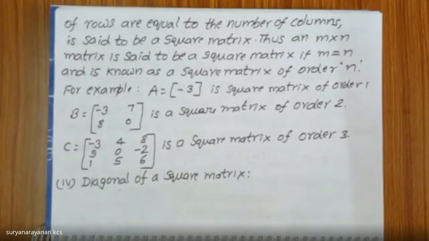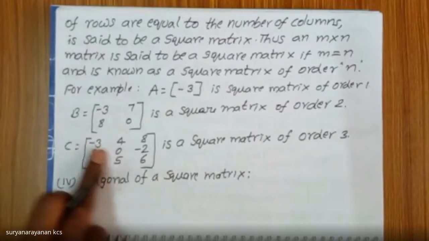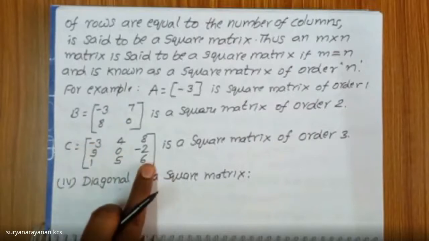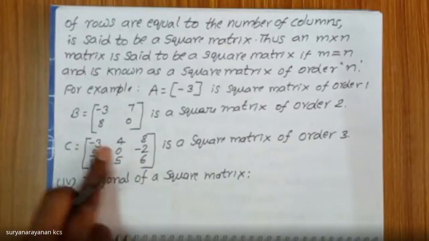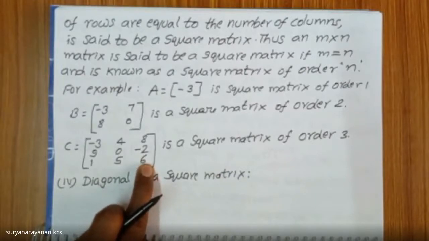In geometry also, you have studied diagonals of a rectangle, of a square, of a trapezium. Diagonal means if you draw a line joining the first element of the first row and the last element of the last row, this line is said to be the diagonal of the matrix, or sometimes the principal diagonal of the matrix.